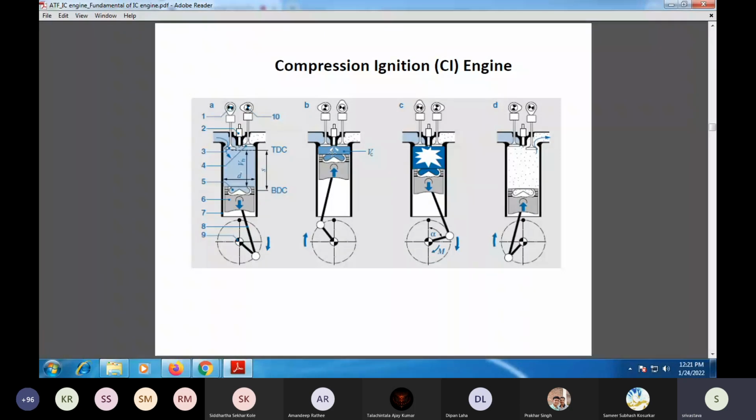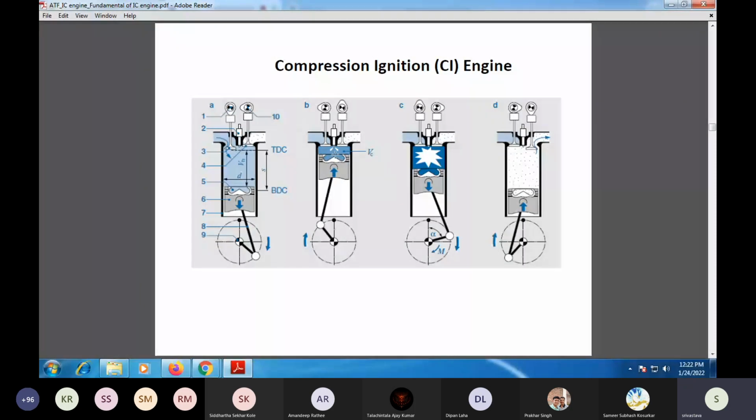It will be either a single jet injector or a multiple jet injector. It all depends on the application of the engine, the design of the engine, and the optimization of the engine. But as far as passenger cars are concerned, it is a multi-hole injector.